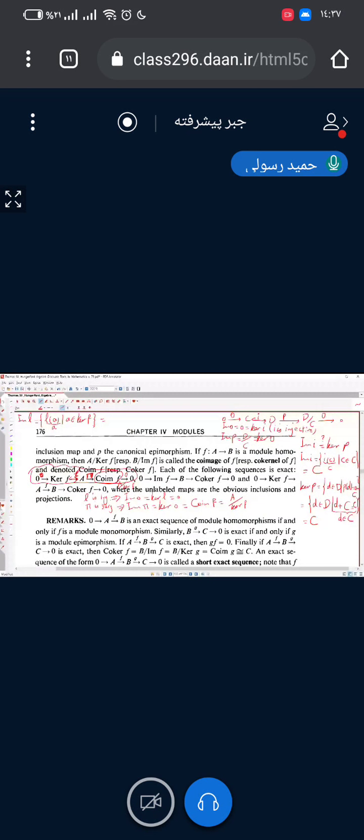On the other hand, the kernel of P equals the set of all A in A such that P of A equals the 0 of the co-image of F, which is the kernel of F. This is the 0 of the co-image.